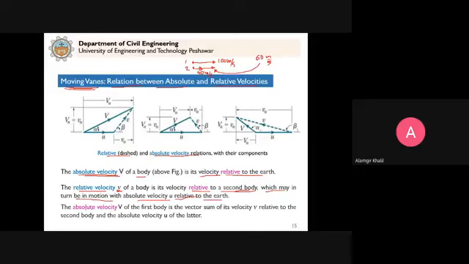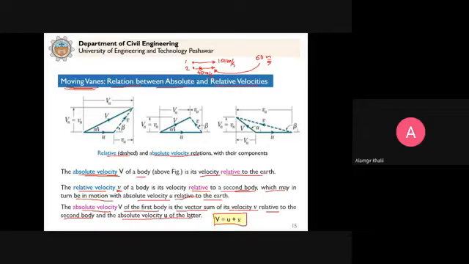So that's why we can say that the absolute velocity V of the first body is the vector sum of its relative velocity relative to the second body and the absolute velocity u of the latter. What it says is that V is equal to u plus the relative velocity v.